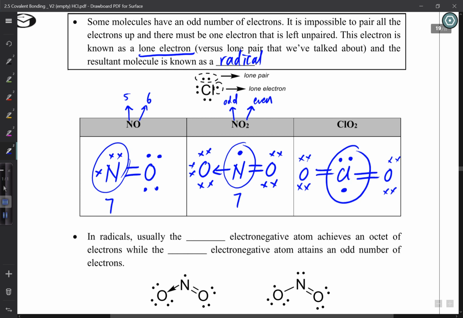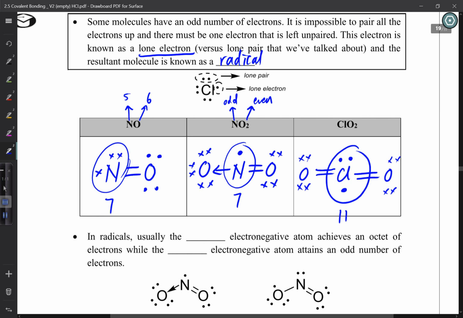By the way, around means how many electrons it contains in the valence shell after bonding. 11, right? We have 8 being shared, 9, 10, 11. So how come chlorine can have 11 electrons?